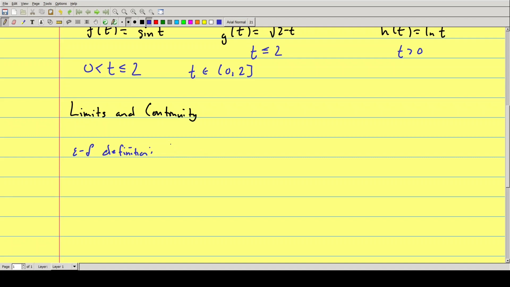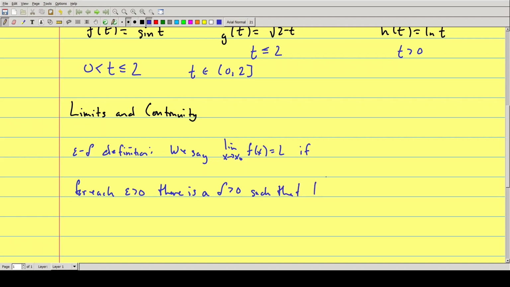We say that the limit as x approaches x naught of f of x equals L if for each epsilon greater than 0, there is a delta greater than 0 such that if the distance between x and x naught is less than delta, then the distance between f evaluated at x and the limit is less than epsilon.